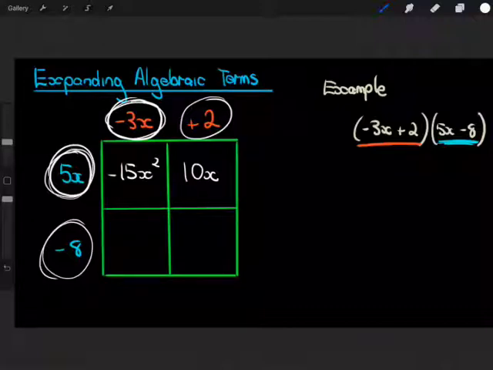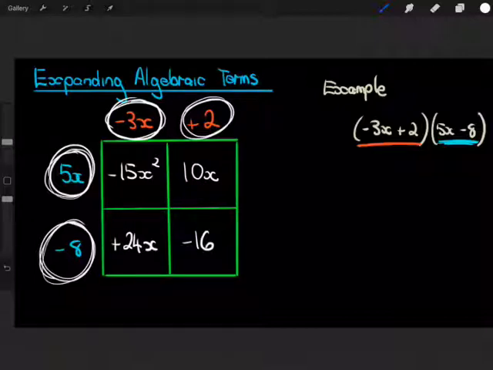Negative 8 times negative 3 is positive 24, so it'll be plus 24, and there's the x in there as well, because it's negative 8 times negative 3x. And finally, minus 8 times positive 2, and that's going to give us negative 16. So there's our four terms that we can now put together and simplify our expression.